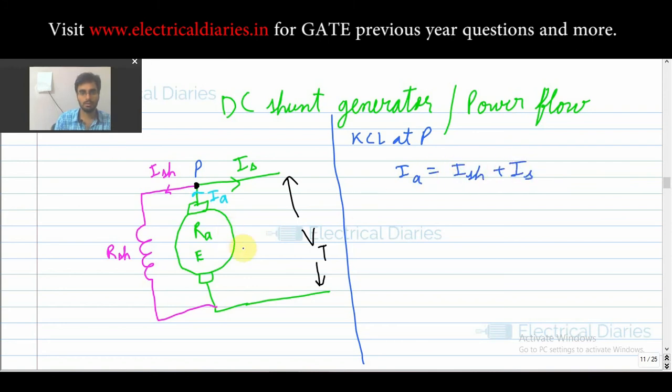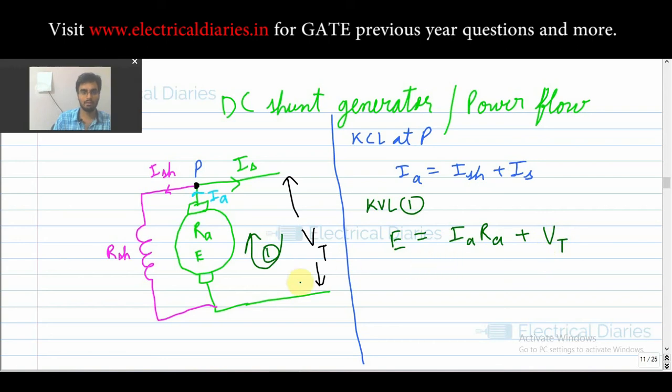Now KVL inside this loop. Let me say KVL at 1 will be: your generator will supply, some loss will be there in the armature. The voltage drop in the armature winding, IARA, plus your terminal voltage VT.